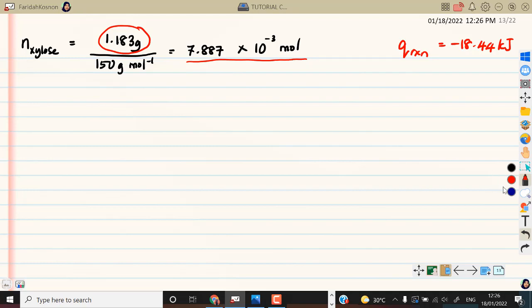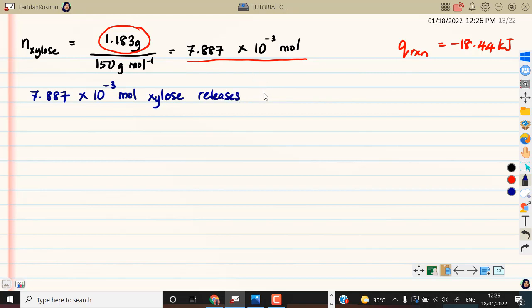So kita buat statement stoichiometrical relationship. Okay, 7.887 times 10 to the power of negative 3 mole Xylose. Okay, tak nak tulis nak macam ni, tulis formula pun boleh, chemical formula dia. Okay, burn releases.